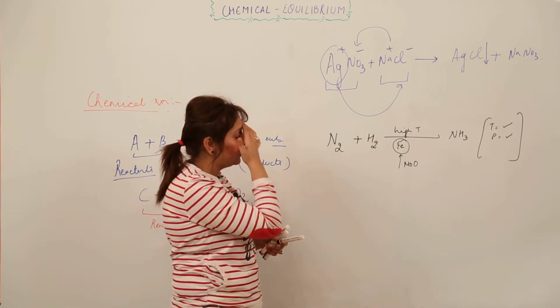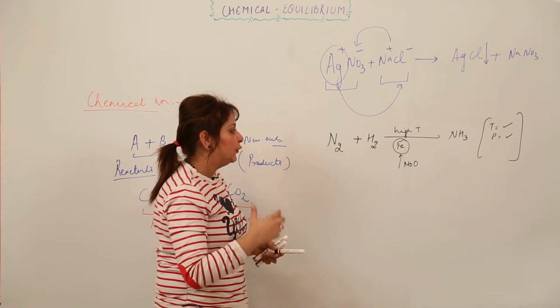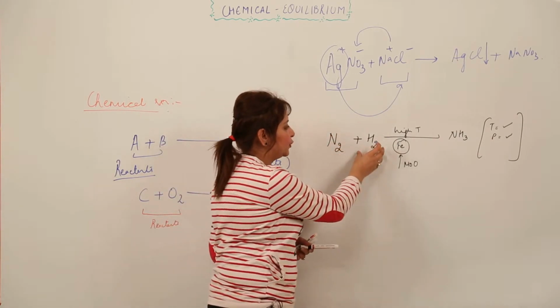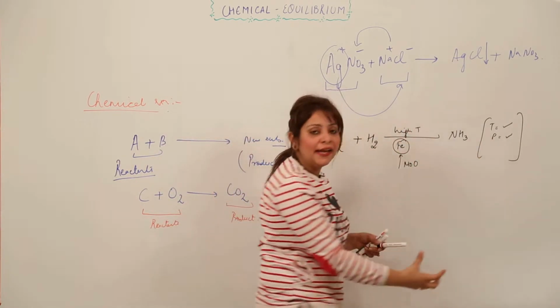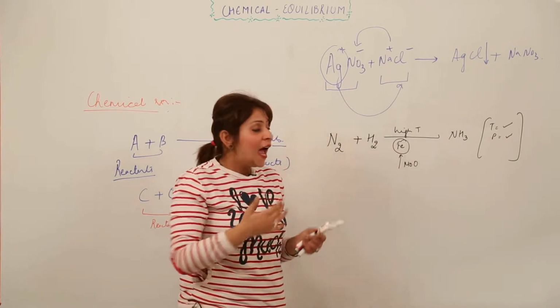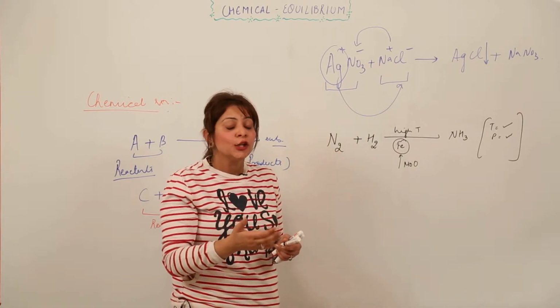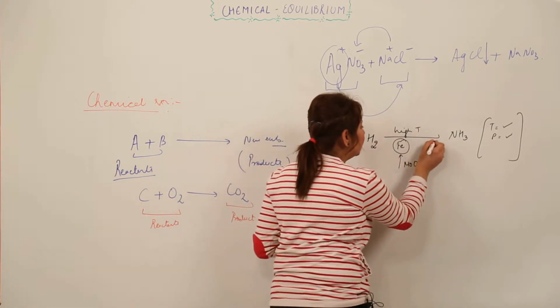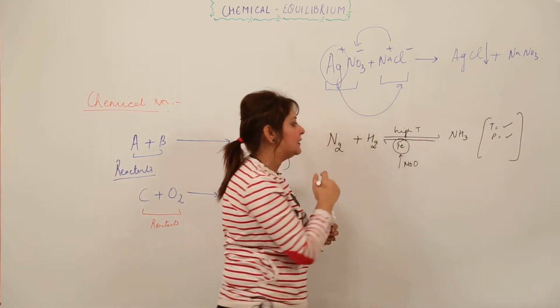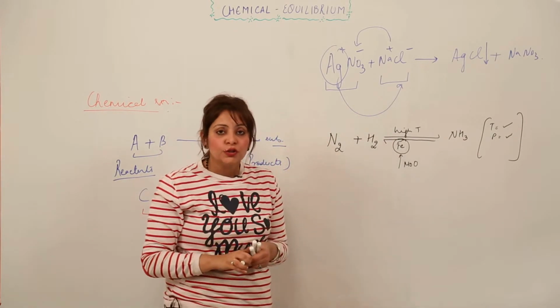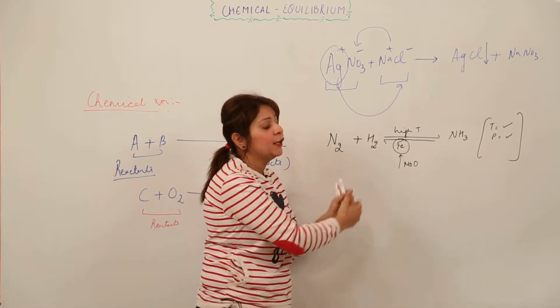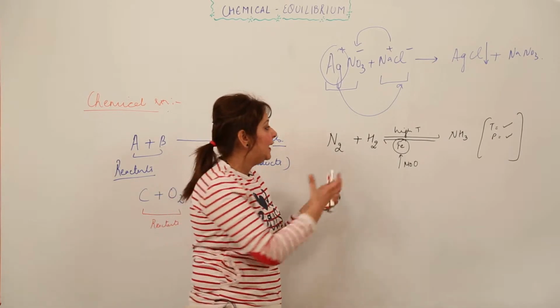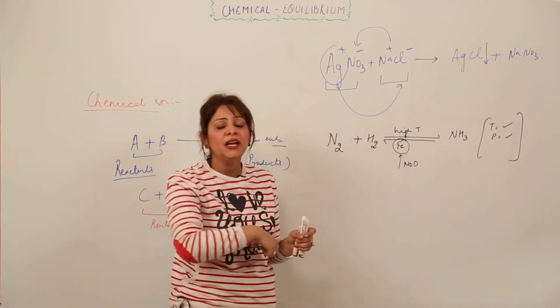Now, what do we observe in this kind of reaction? We observe that when N2 combines with H2, they give rise to NH3. But as the amount of NH3 increases, at the same conditions of temperature and pressure, it is getting converted back into the reactants, that is N2 and H2. So under the given set of conditions of temperature and pressure, we can have N2 and H2 back from the NH3.